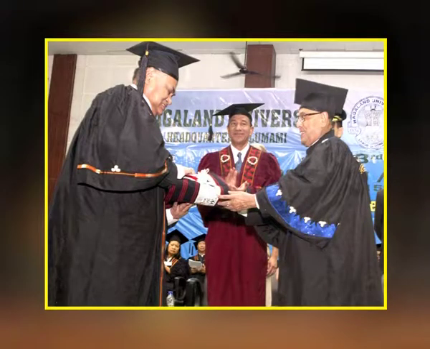Number 11 is to confer honorary fellowships on eminent educationists of their contribution in the field of educational planning and administration. And lastly, to do or perform all such other acts, functions, and things as may be deemed necessary, desirable, or incidental by the National University in furtherance of its objectives.